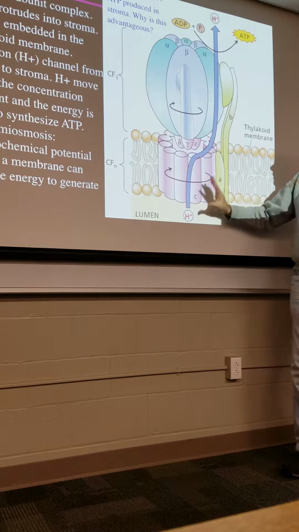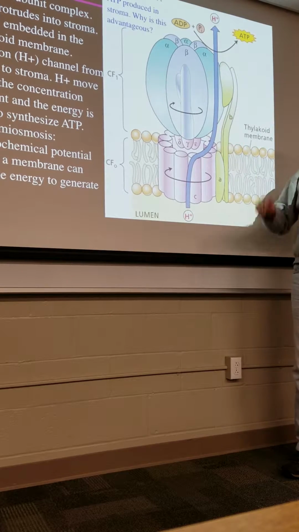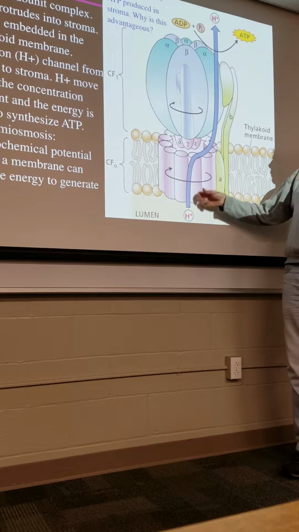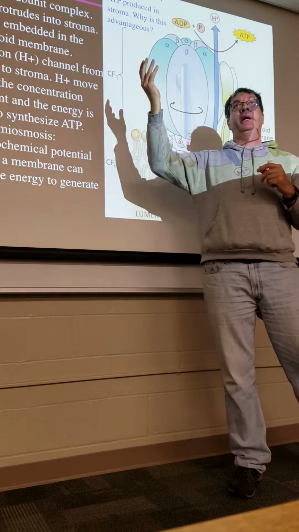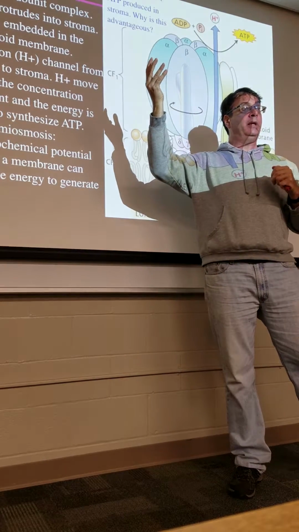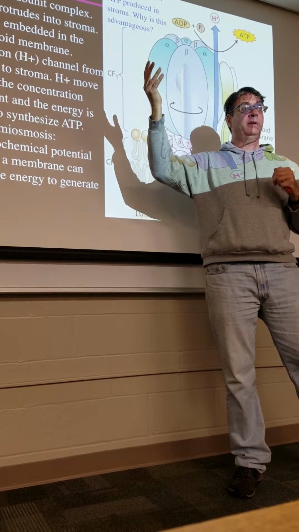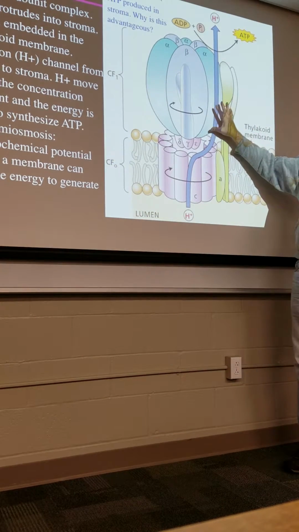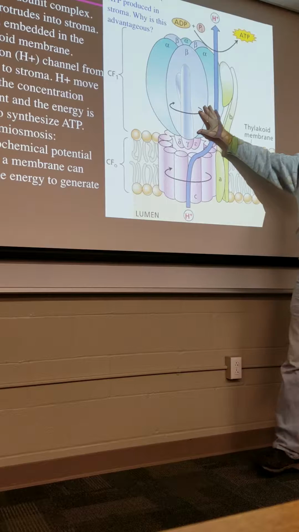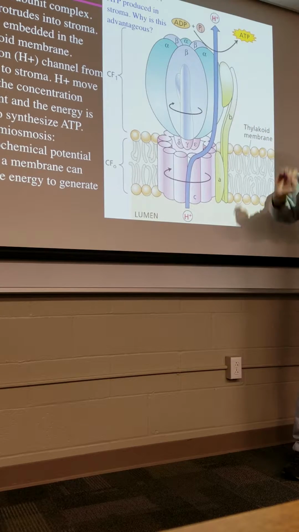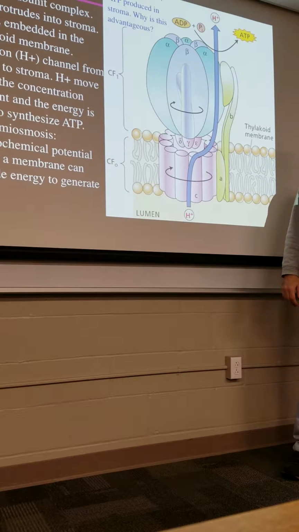And what's going to happen is that by the time 3 protons have moved across, you've generated enough potential energy in this turbine so that it can take that potential energy and add a phosphate molecule to ADP.